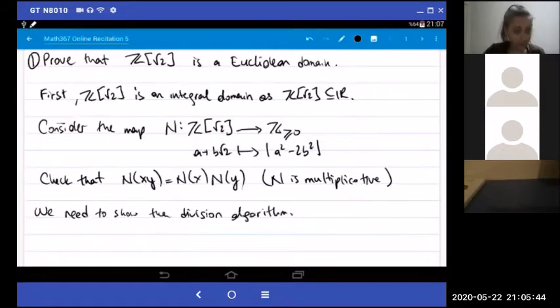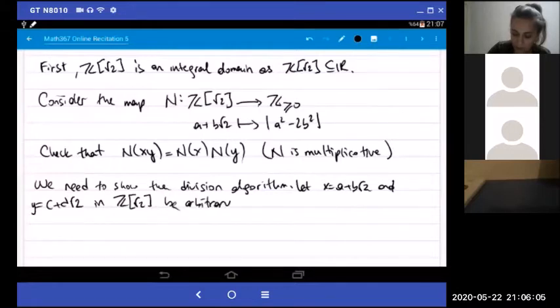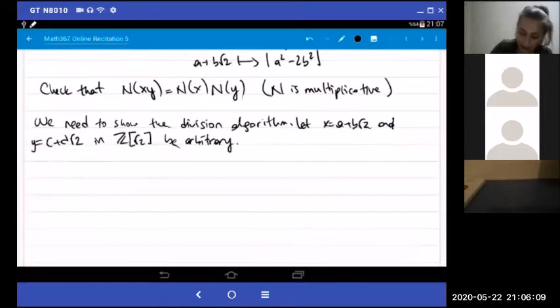So for this purpose, let us take two elements from our ring. Let x be a plus b root 2 and y be c plus d root 2 in Z root 2, arbitrary elements. Now let us look at the quotient x over y.